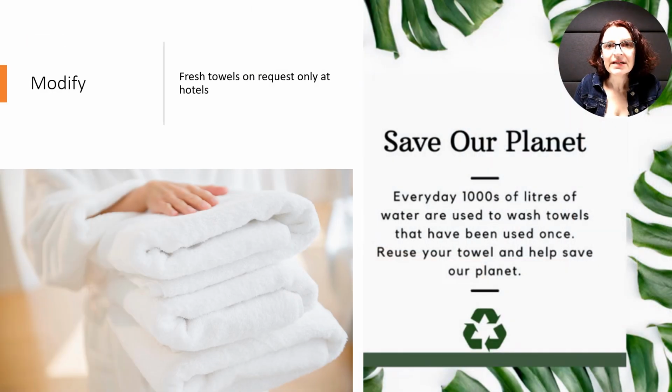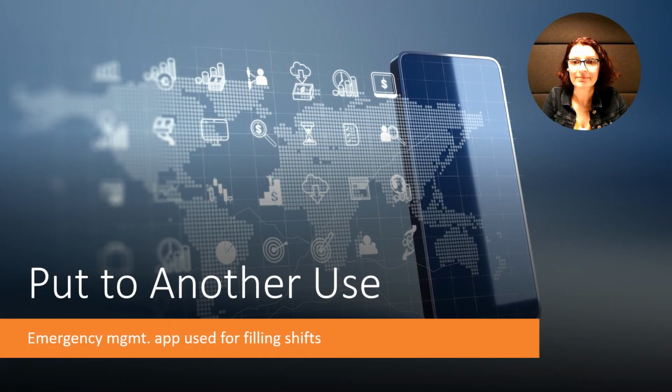One way the hotel industry has modified their services is by creating a system where fresh towels are by request only, and the result is obviously an environmental impact, but it's also a cost savings for the hotels. So this is a personal example of putting something to another use.